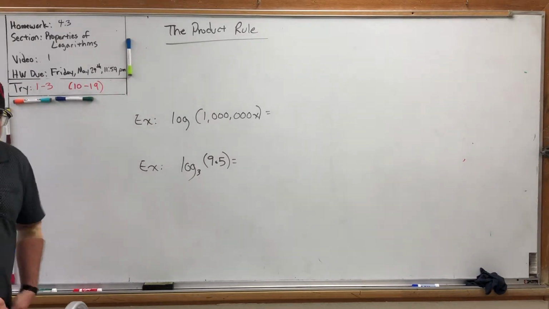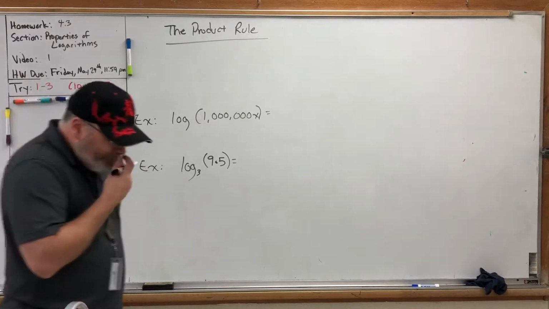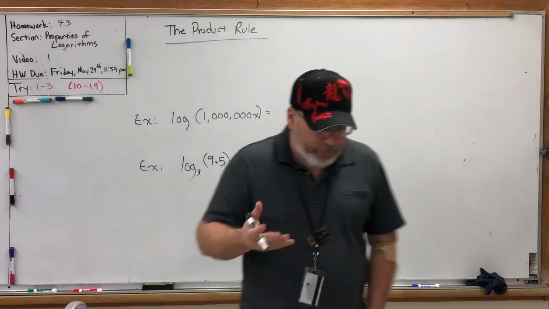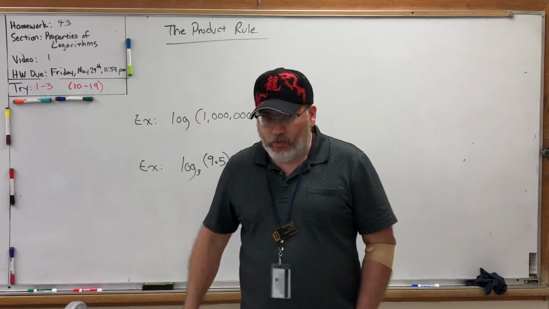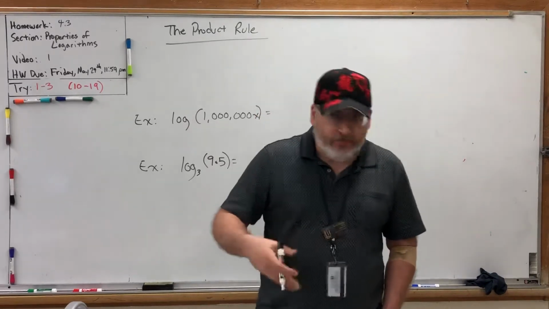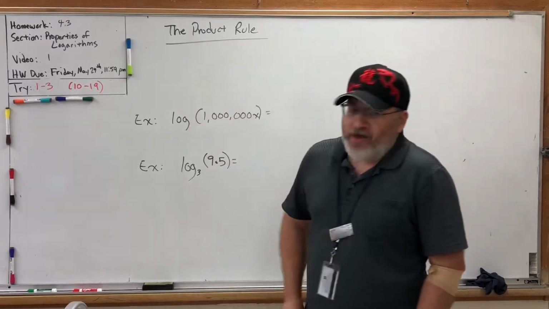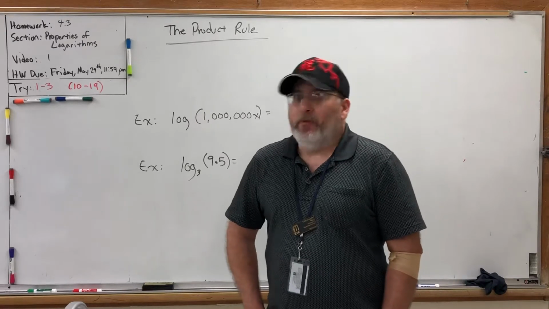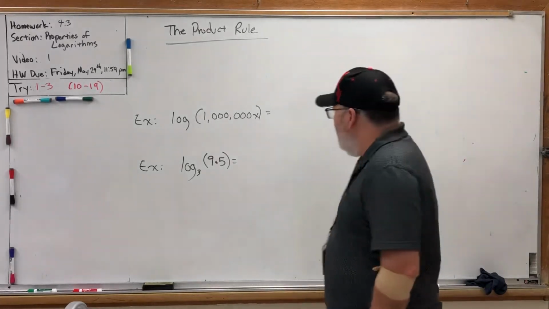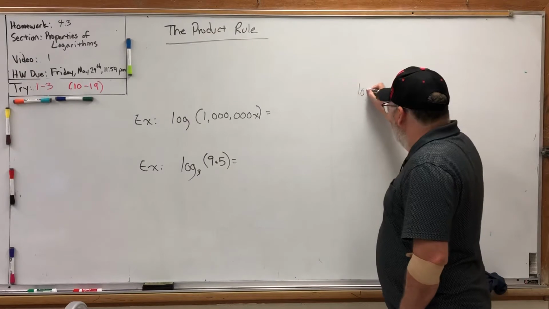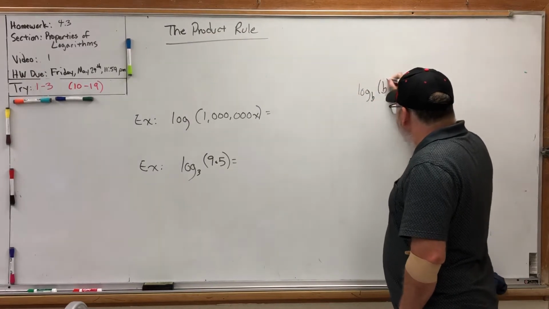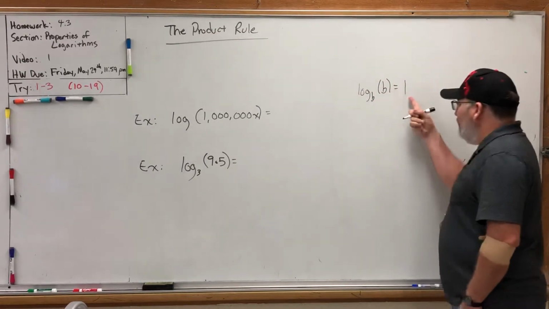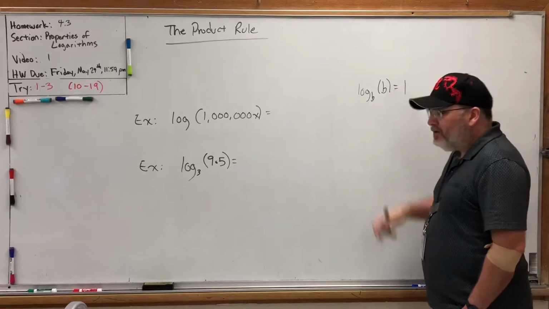In the previous video, we learned about logarithms. We learned that a logarithm is basically asking a question: what power turns the base into the argument? And we learned a lot of other things, like some simple properties of logarithms. One of which was log base b of b is equal to 1, because 1 is the power that turns b into b.